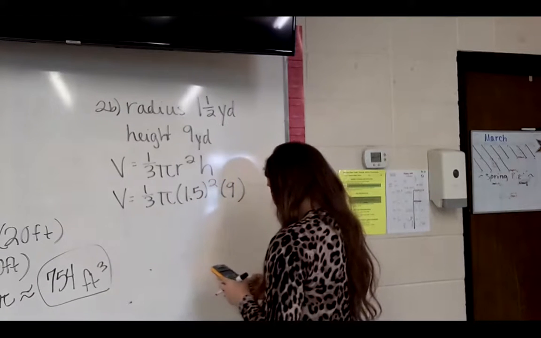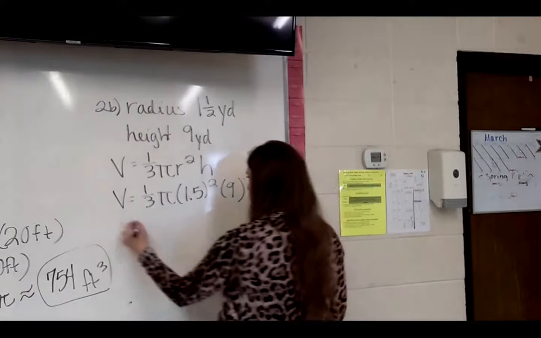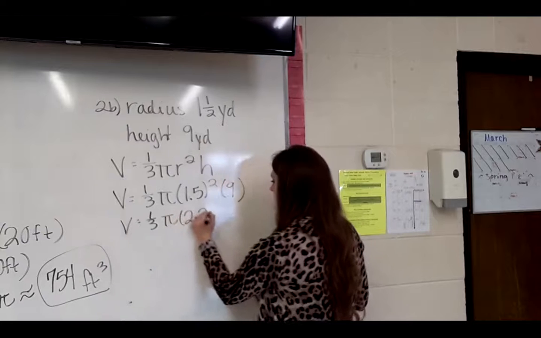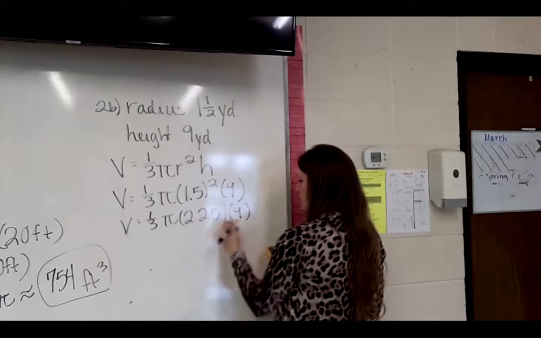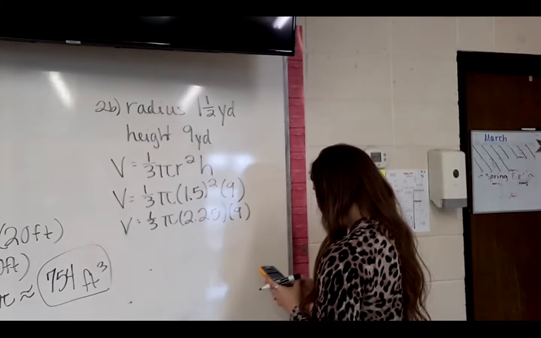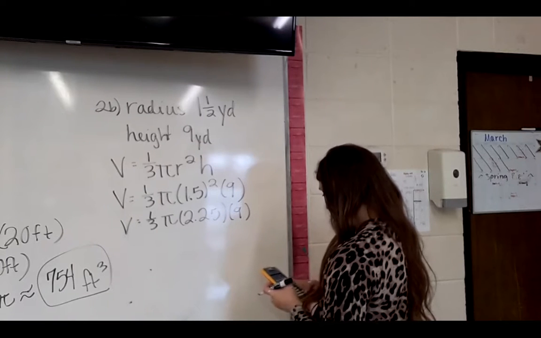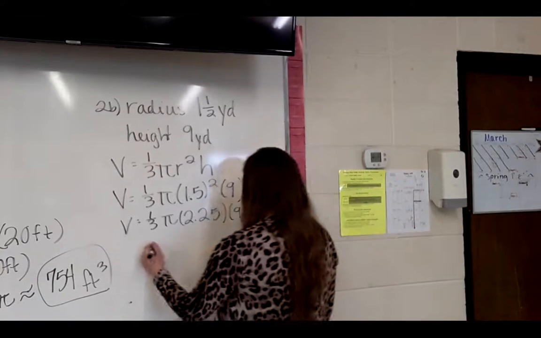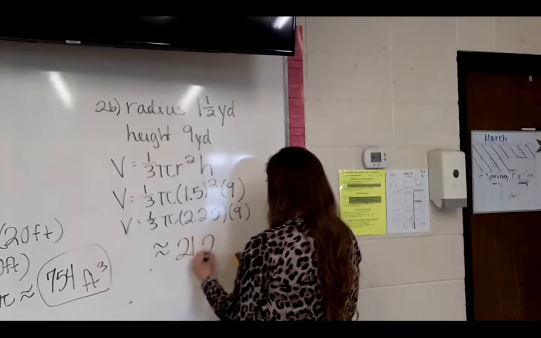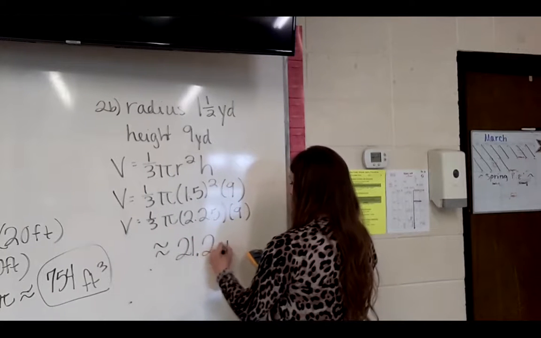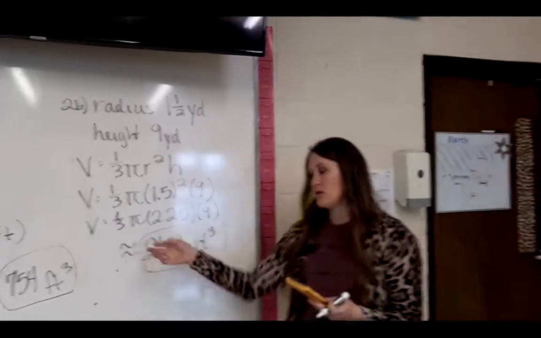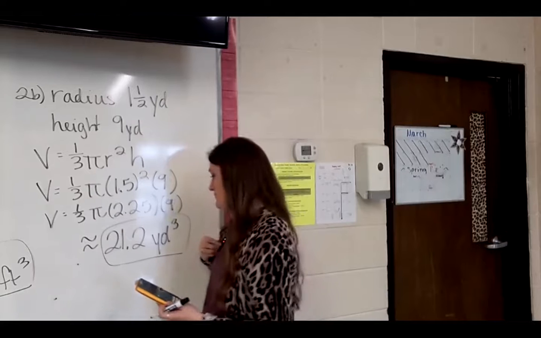So 1.5 squared is 2.25 times 9 times 1/3 times pi. So when we round to the 10th place, it's 21.20, 0 rounds down, so 21.2 cubic yards. So that one must have been a much smaller cone to be much smaller of the area.